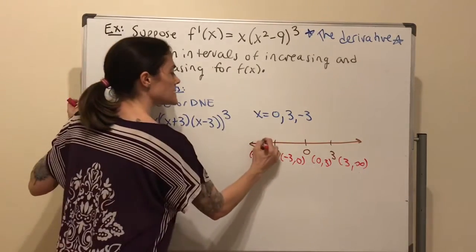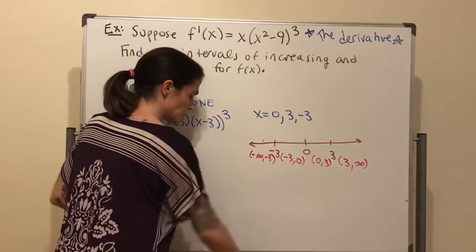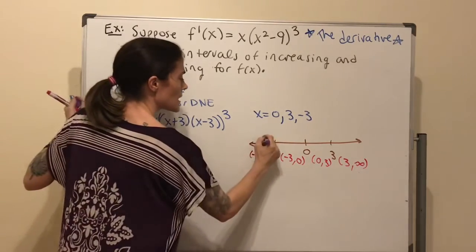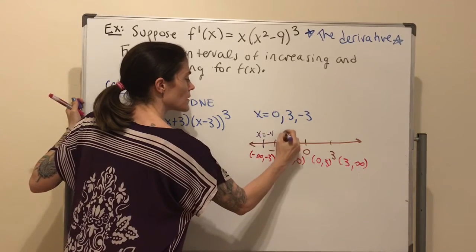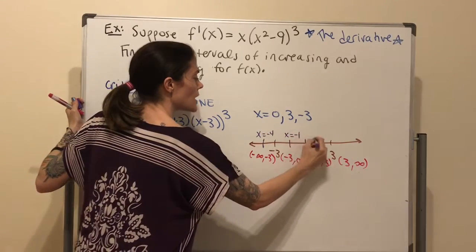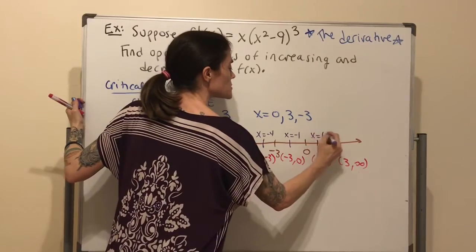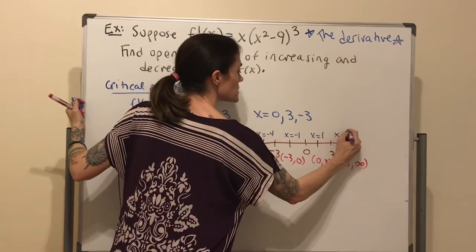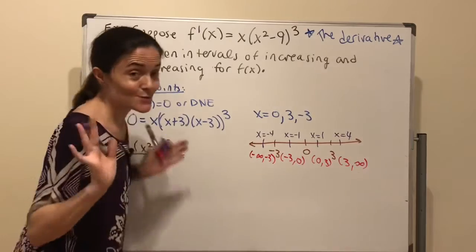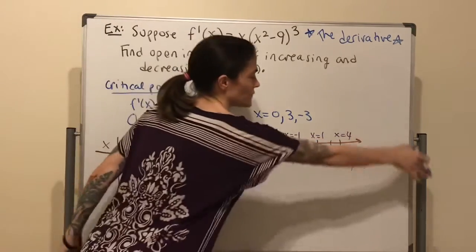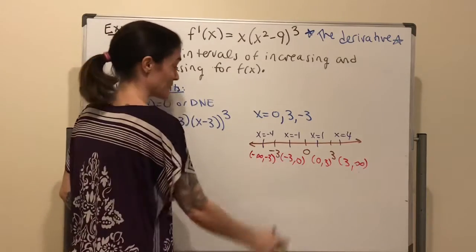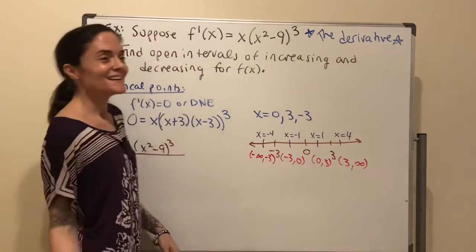And let's see, I will test. Here, I will use x is -4. Here, x is -1. Here, maybe x is 1, and then x is 4. I didn't have to use those exact values. I could have done -100 and 52, or I could have used -2 and 1.